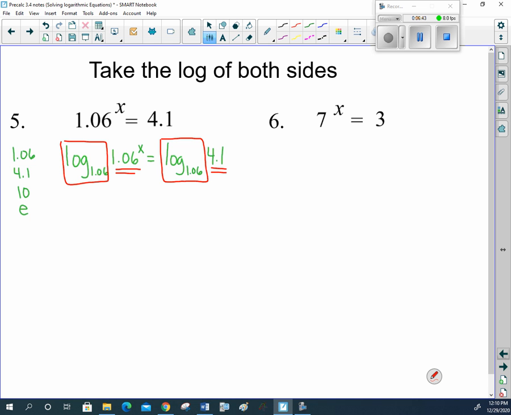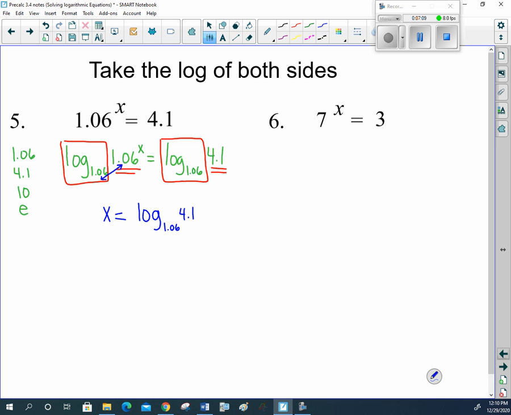Now I actually have to figure out what this is. The nice thing about picking the same base here as this base here is that when those two bases are the same, the answer is whatever this power is, so it's x. So x equals log base 1.06 of 4.1.